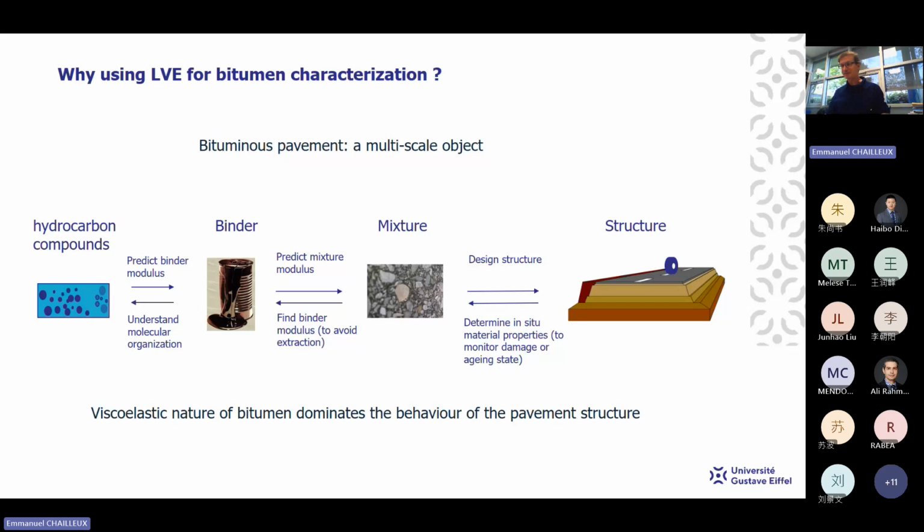So our bitumen behaves like a liquid and an elastic solid at the same time, depending on temperature and frequency of loading or speed of loading. And these mechanical properties, this viscoelastic nature, are transmitted from the binder to the structure. So it's a key element in our type of material and structure.